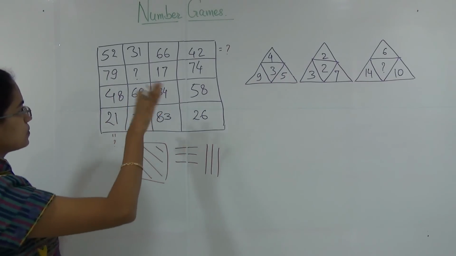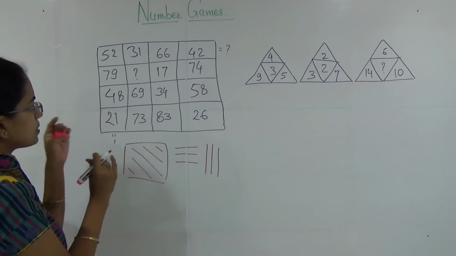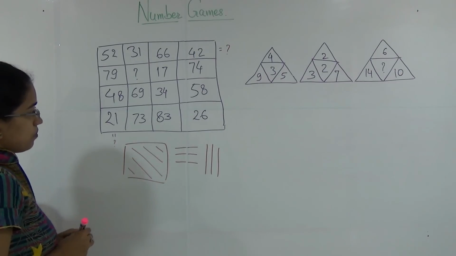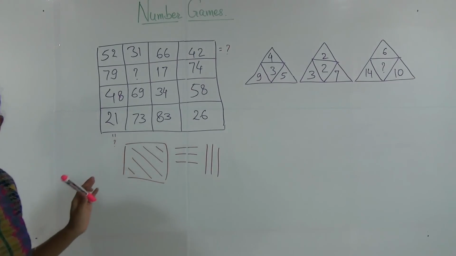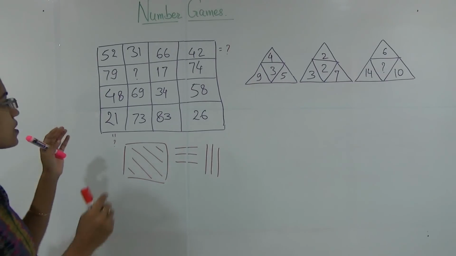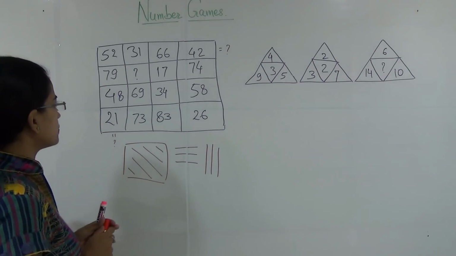So these are some of the basic concepts you apply in the number games. Now looking through this question, there is something different that is hidden in this question. Before you start to solve any question, it's very important that you observe the question very minutely.